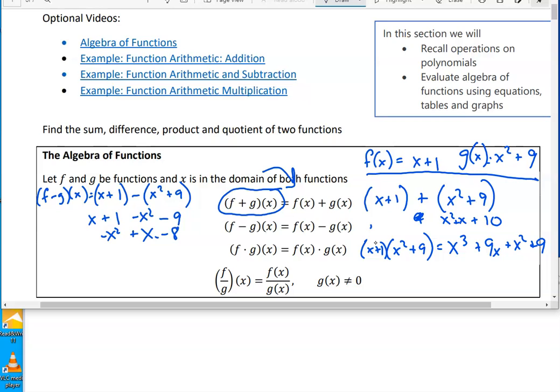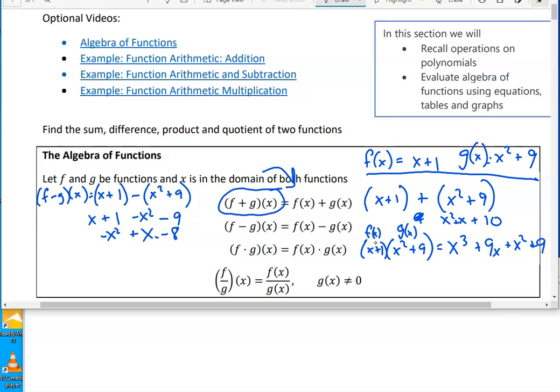See how this is f of x? And this is g of x. I'm multiplying them together. That's where the parentheses are super important when you're doing the multiply. x times both those things, plus 1 times both those things in g of x gives me that.